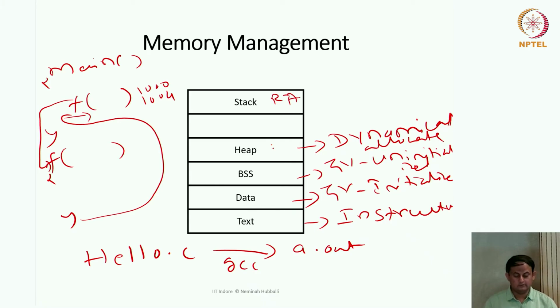Along with this, the stack also has the local variables. If I declare maybe an int a here, that variable also comes and sits in this stack. Every function, main is also a function, has one return address and one set of local variables.